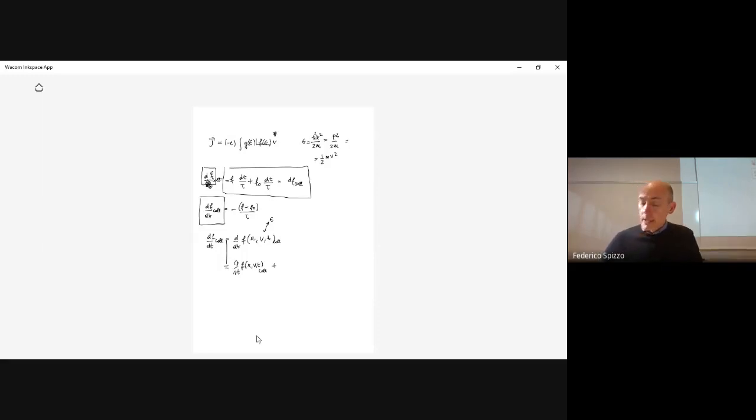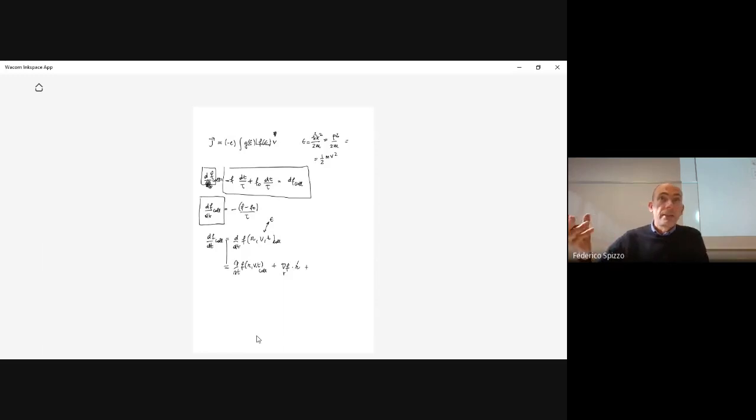Then there may be a time dependence not through t directly, but for instance through r, the position, because maybe something changes in the position and that affects the distribution function. And to account for that, I make the gradient of f with respect to the r coordinate, and then I multiply by the derivative of r, that is the velocity.